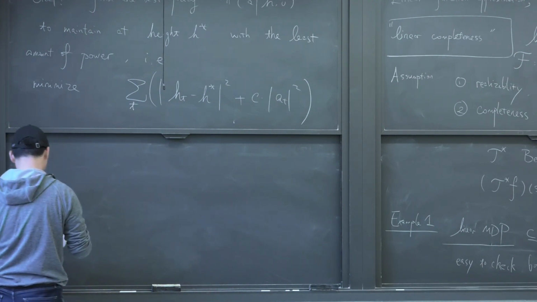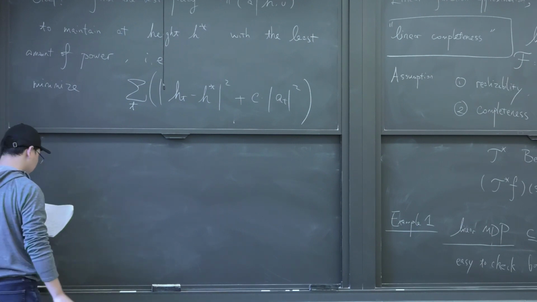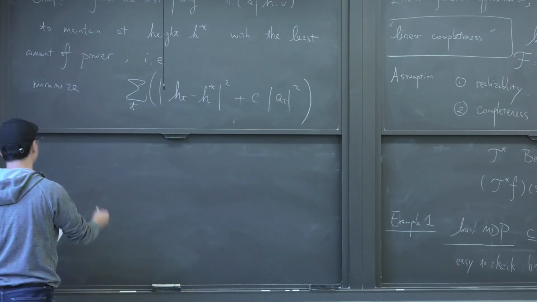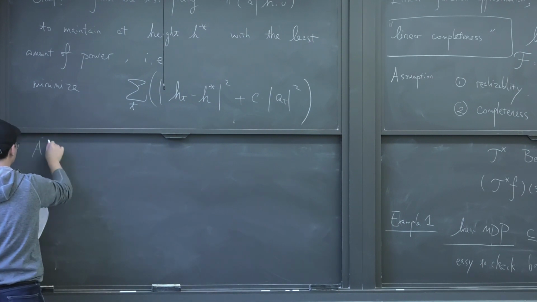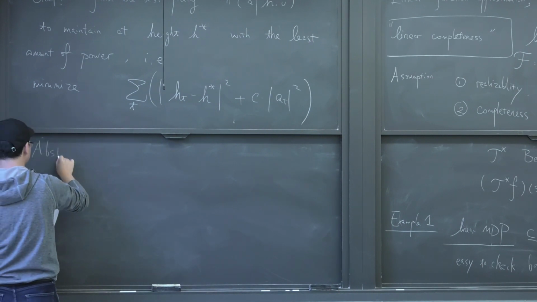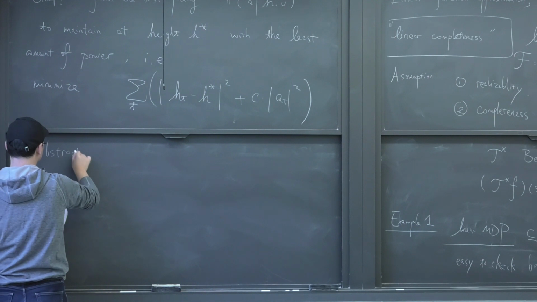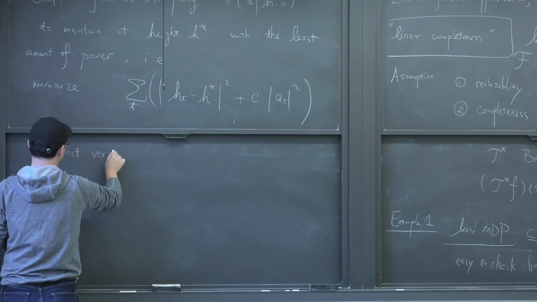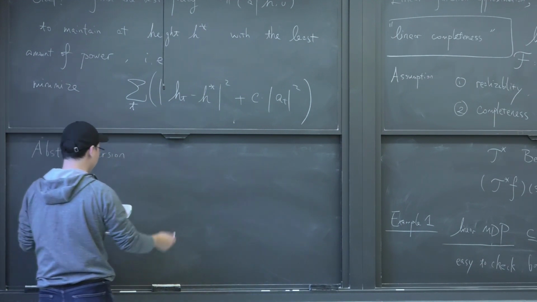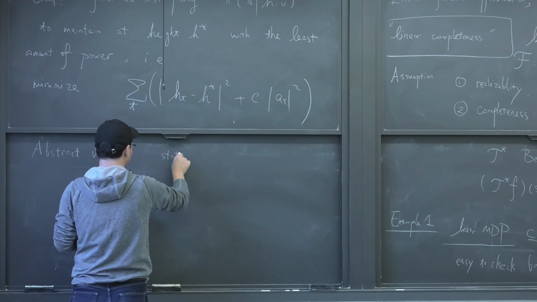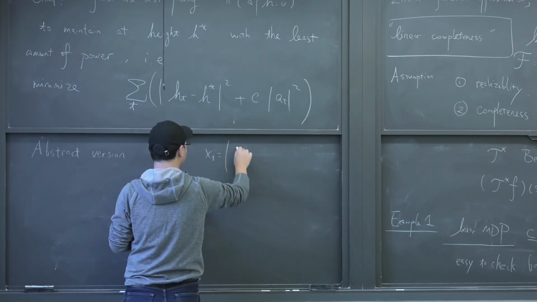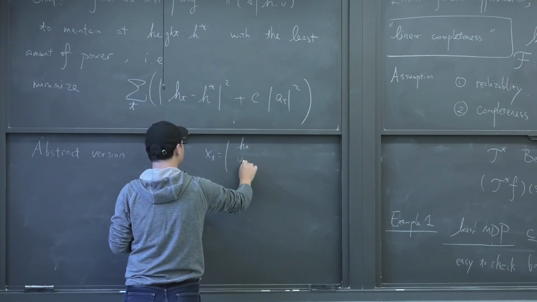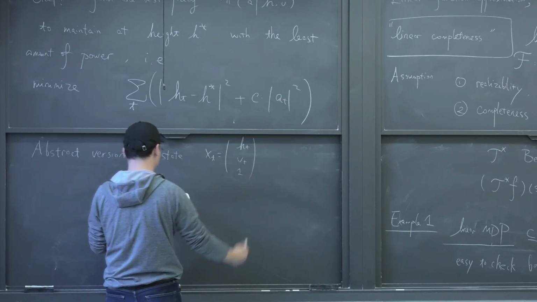So for general LQR, you can consider an abstract version, where for this problem, the state becomes something like xt equal to ht vt, and let's just have some dummy 1 here.